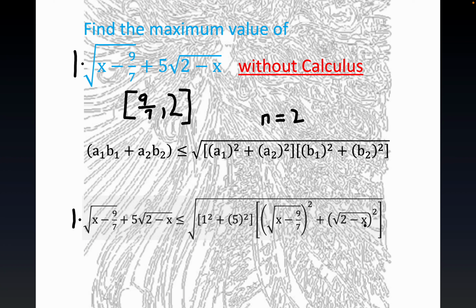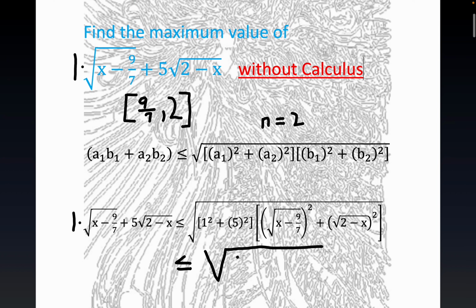Notice it's designed so that the x's cancel out when you square. And so what you end up with is less than or equal to the square root. That's 5 squared is 25, plus 1 is 26. So we have 26. Okay, 26 is what this piece right here evaluates to.